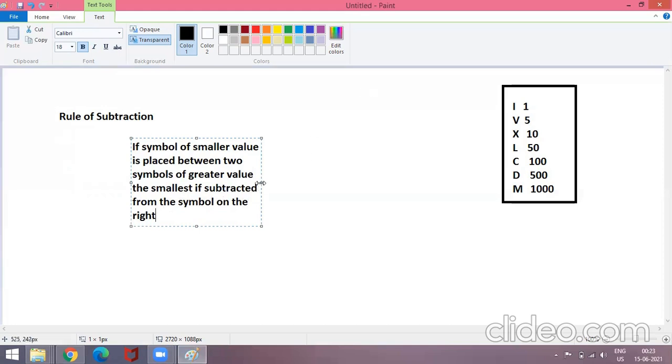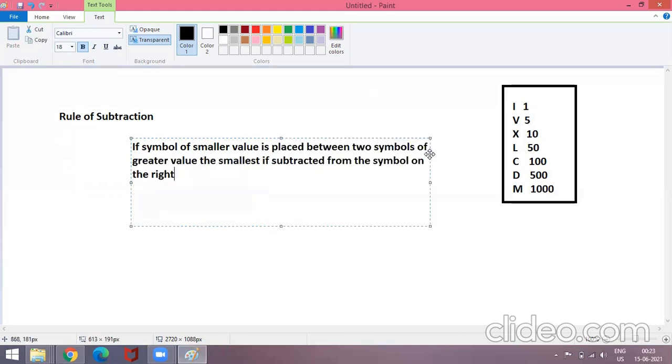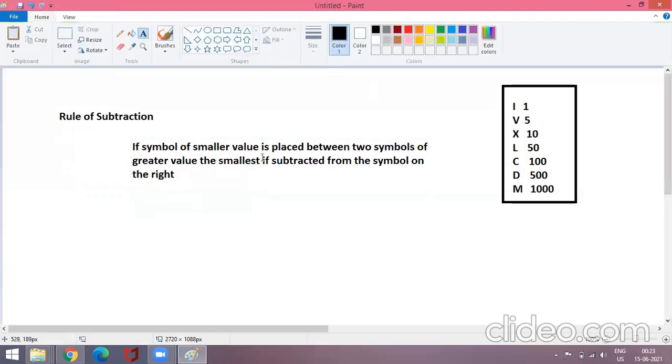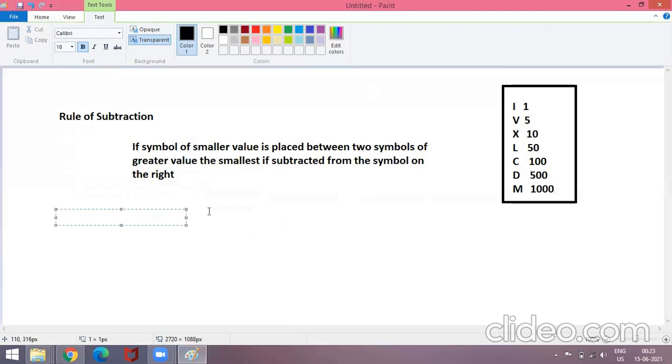Correct? If a symbol of smallest value is placed between two symbols of greater value, the smallest is subtracted from the symbol on the right. So shall we see an example for this?